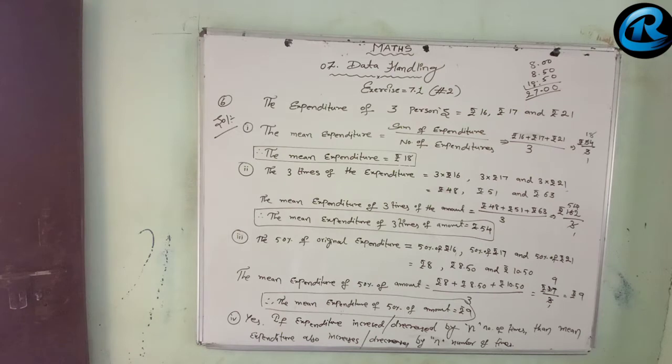If expenditure decreases n number of times, mean also will be decreased by n number of times. I hope you understood this one.